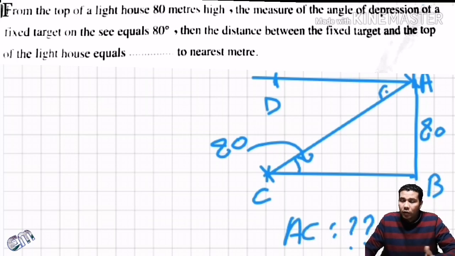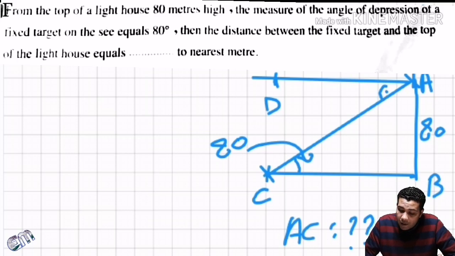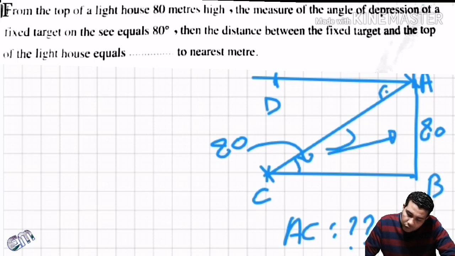To find AC, we can use the sine, the relation between the opposite of angle C and the hypotenuse. The opposite to angle C and what? And the hypotenuse.